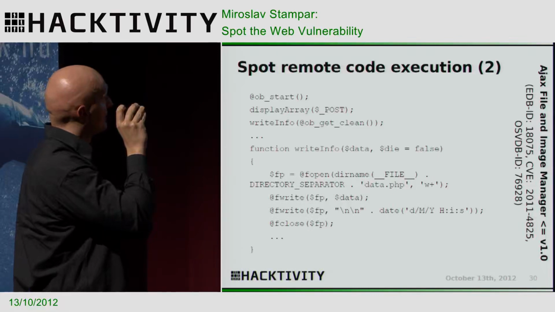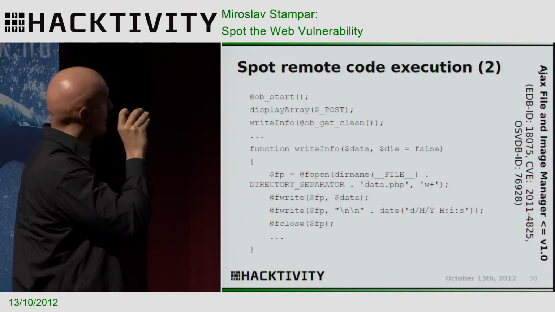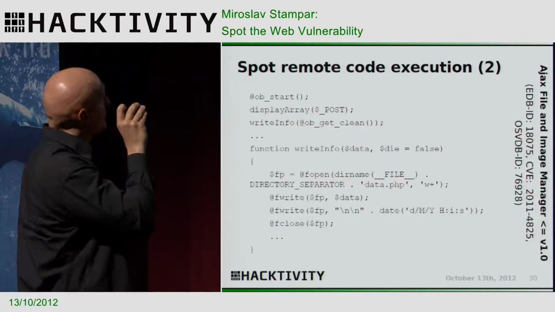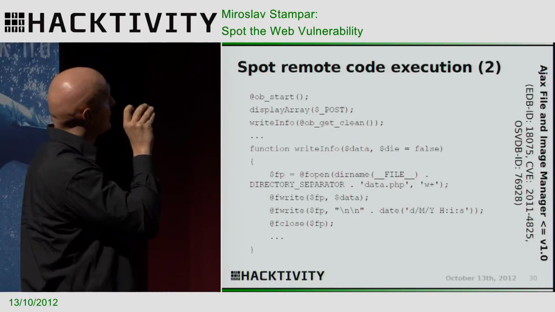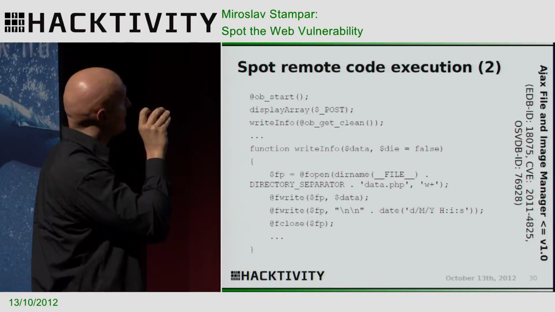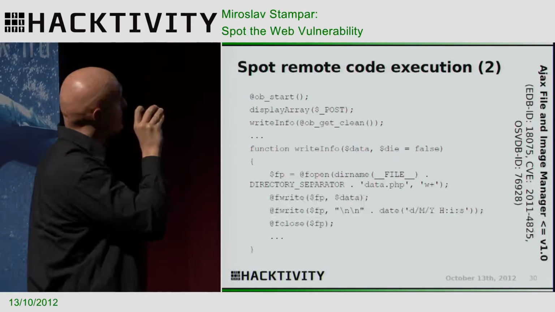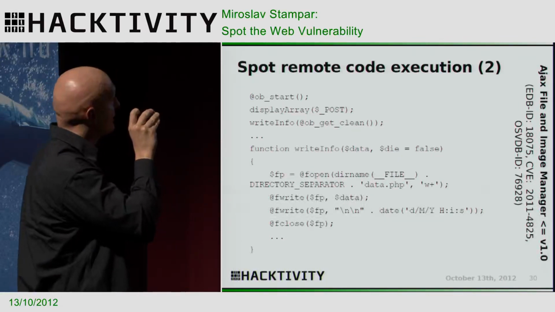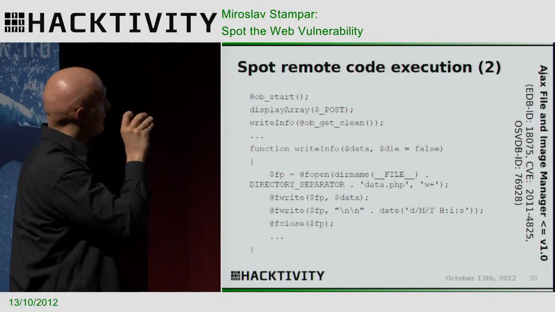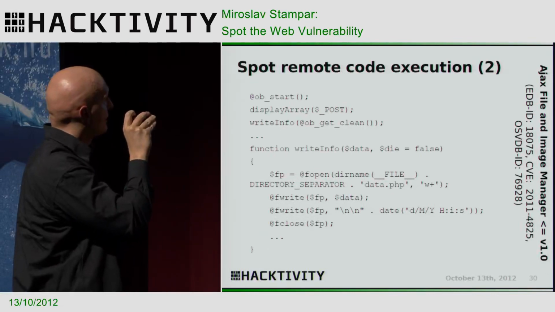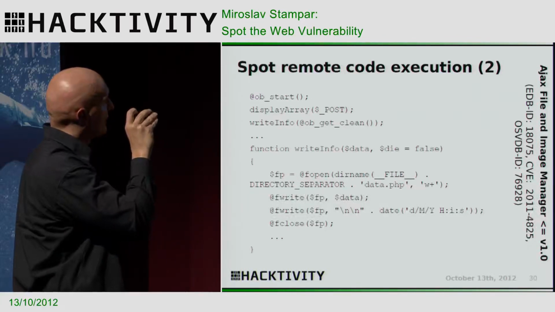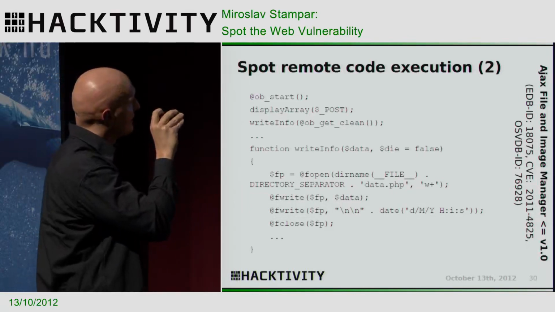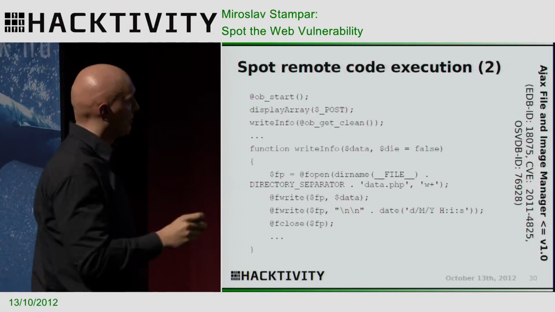And display array for this will basically go through all POST parameter values, try to display them to the buffer, and here those values will be used as a parameter value for write info. Inside write info, those same data will be written blindly to the FP. In this case, some predefined file, some predefined directory containing data.php.